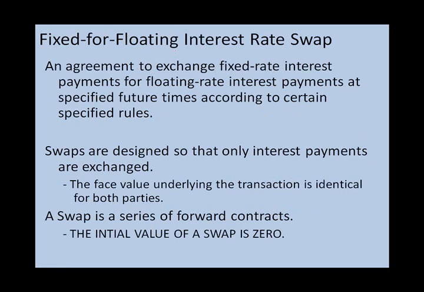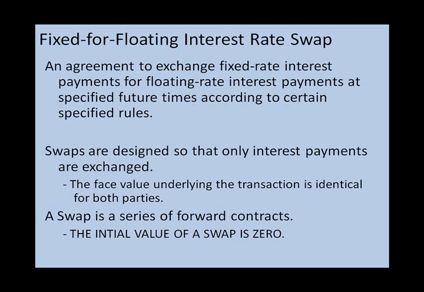The way to do that is to enter into a fixed for floating interest rate swap. Sounds very complicated, so don't panic. This is an agreement to exchange fixed rate interest payments for floating rate interest payments at specified future times according to certain specified rules. And these swaps are designed so that only interest payments are exchanged. In other words, the face value underlying the transaction is identical for both parties.